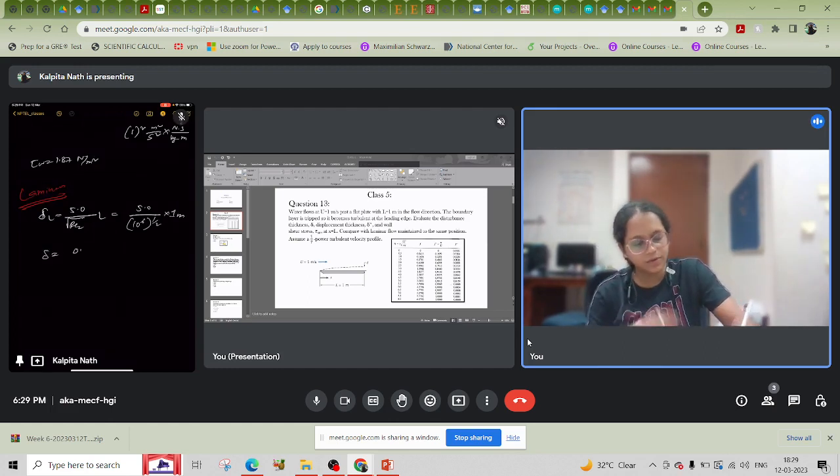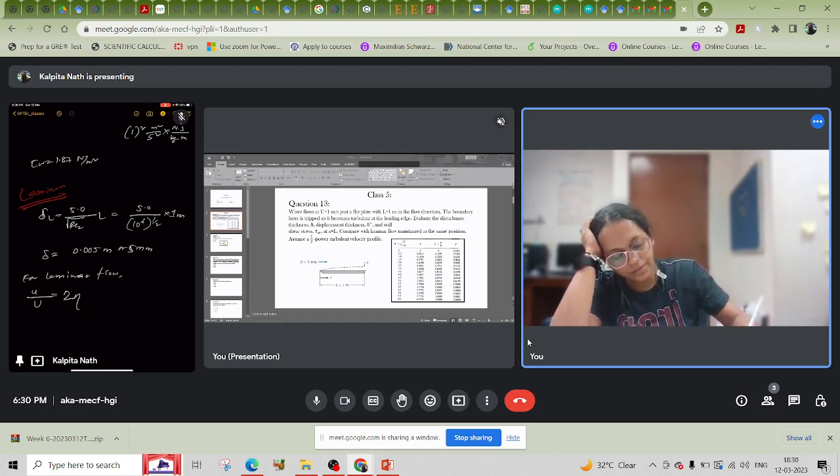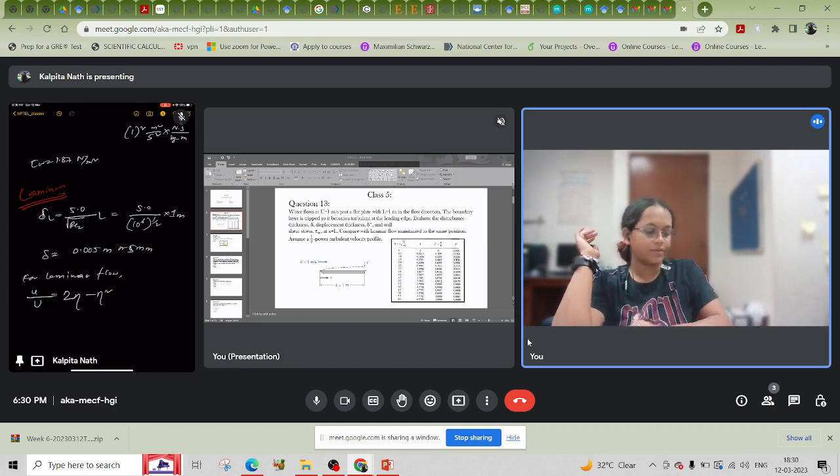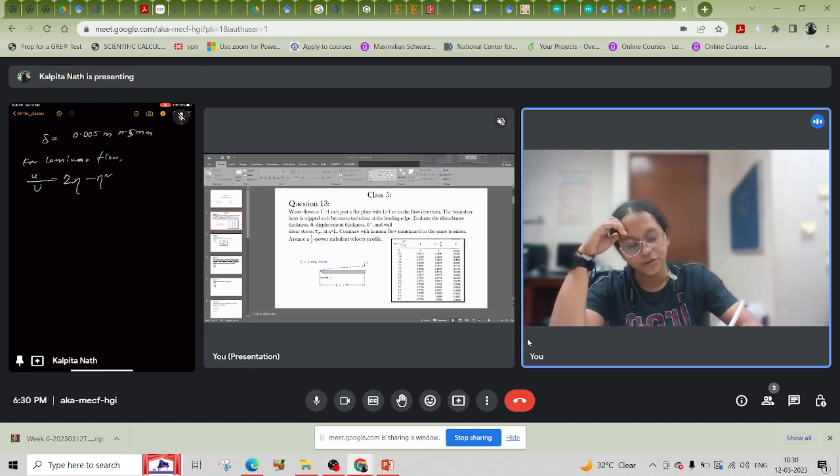Delta is equal to 0.005 meter or 5 mm. For laminar flow, small u by capital U is equal to 2 eta minus eta square. This we already derived, and today we'll derive it again. In some later questions I'll show you the derivations.